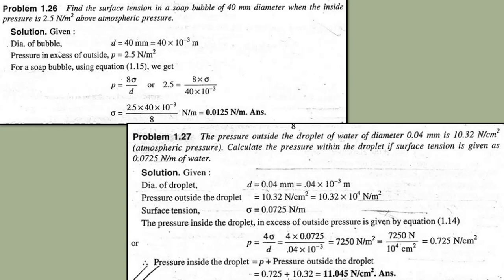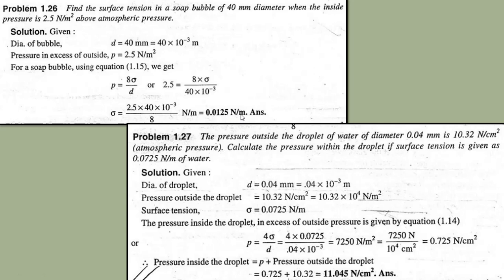For a soap bubble, by using the equation we get P is equal to 8 sigma divided by d, or 2.5 is equal to 8 into sigma divided by 40 into 10 raised to minus 3. So sigma is equal to 0.0125 Newton per meter square.